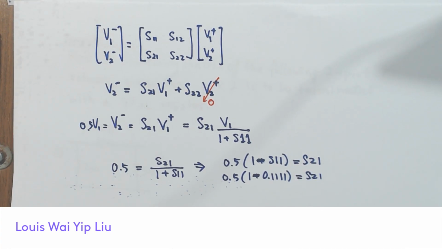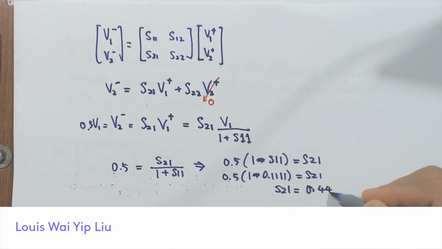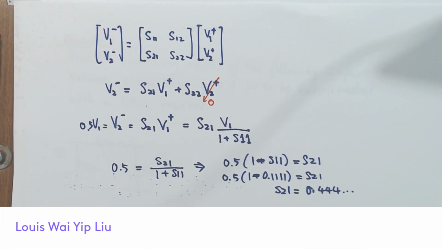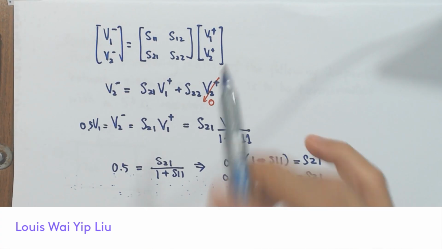So from here, I can say S21 is equal to 0.444, yeah, forever. And remember, this is the passive level.